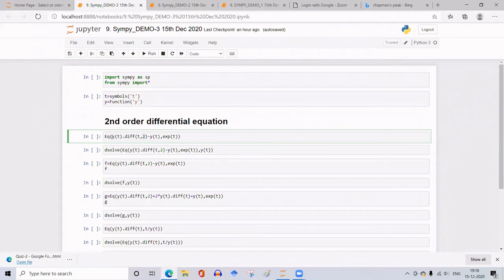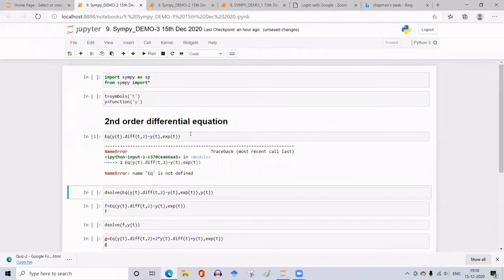So this first term represents d square by dt square of y of t, minus y of t, comma, e to the power of t. So this forms the left hand side of the second order differential equation. And on the right hand side, I have e to the power of t. There is a comma which differentiates the left hand side and right hand side of this second order differential equation. So this will be symbolically written.